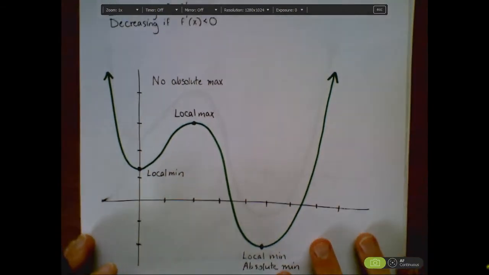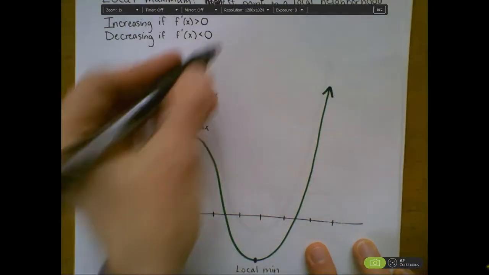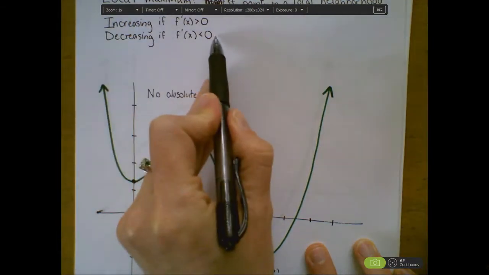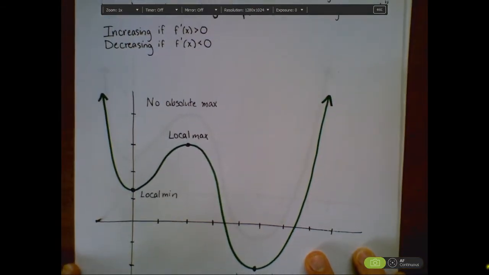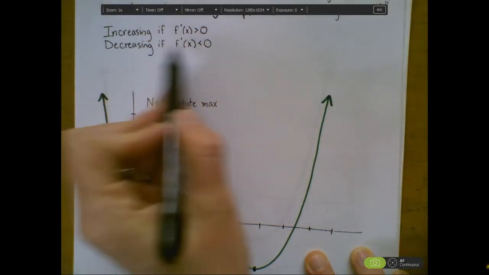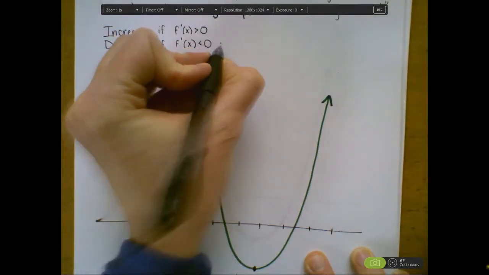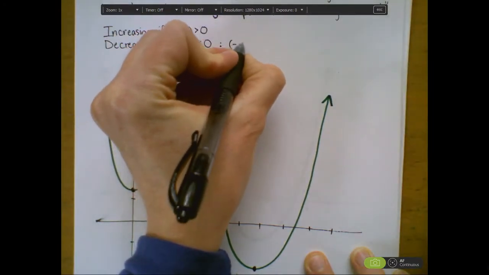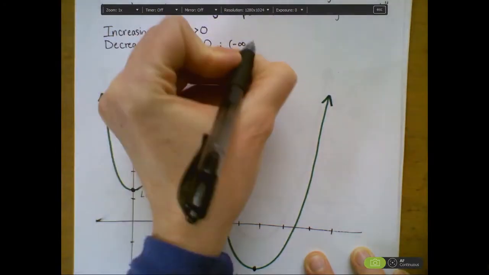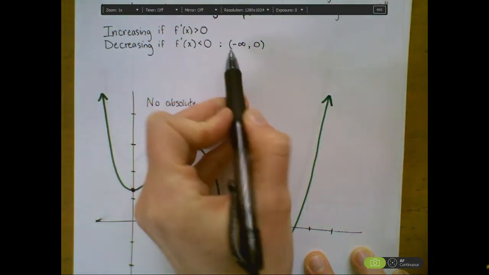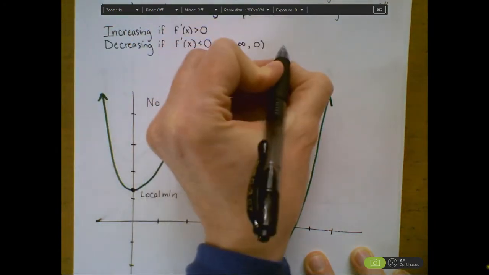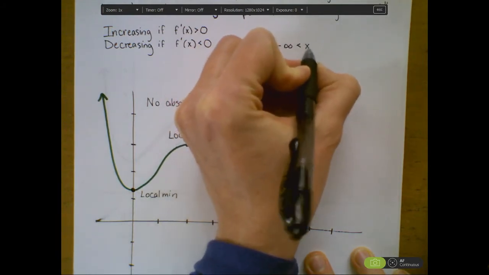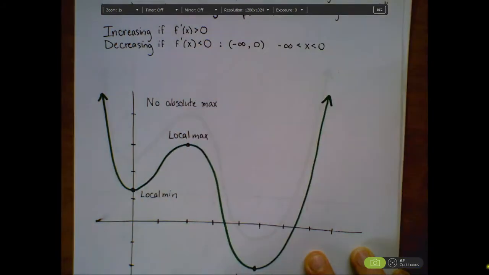Let's record that. So we just said that it's decreasing. I'll write the intervals where it's decreasing along this line. It's decreasing on the interval from -infinity until x equals 0. So this interval notation is the same thing as saying my x values from -infinity to 0.